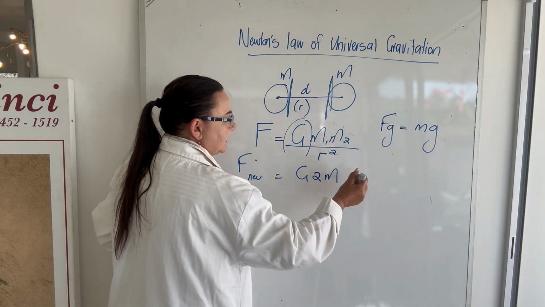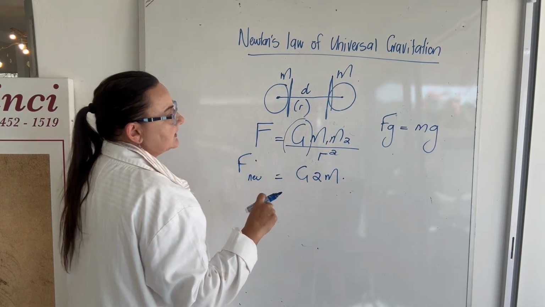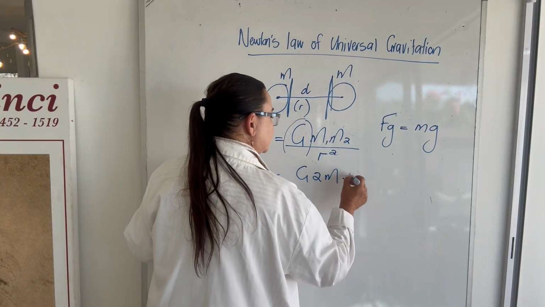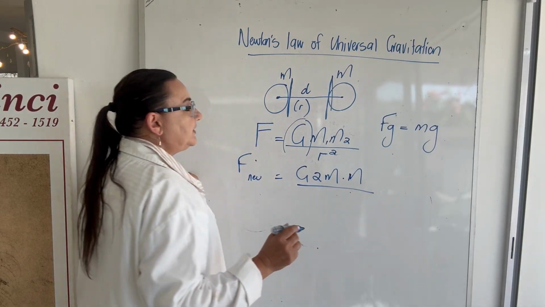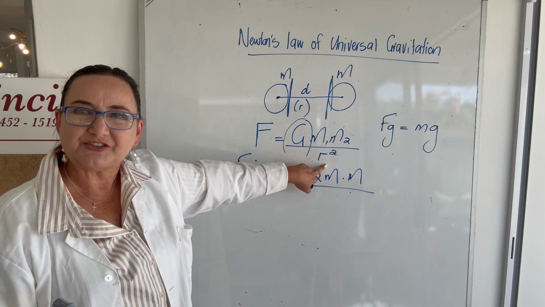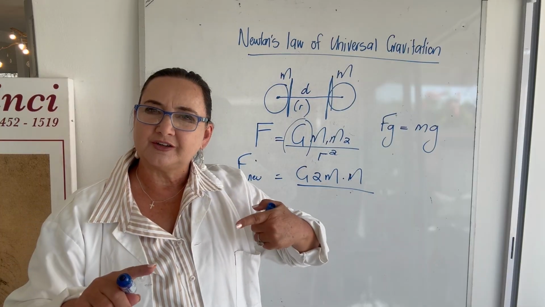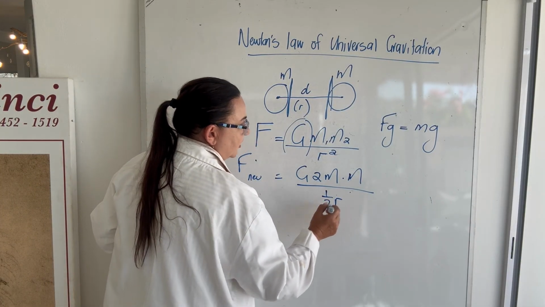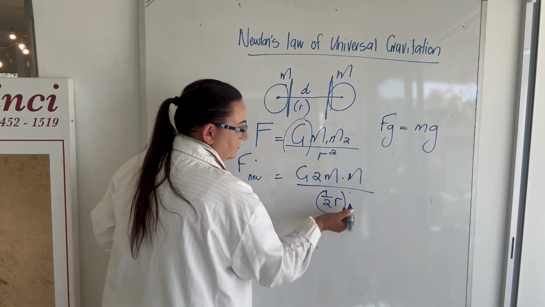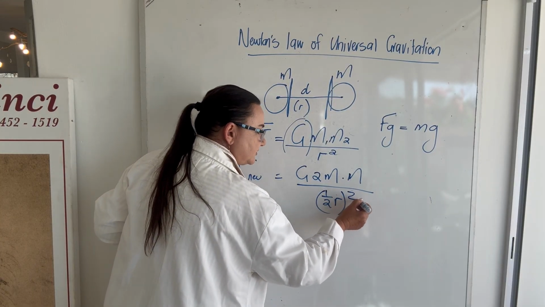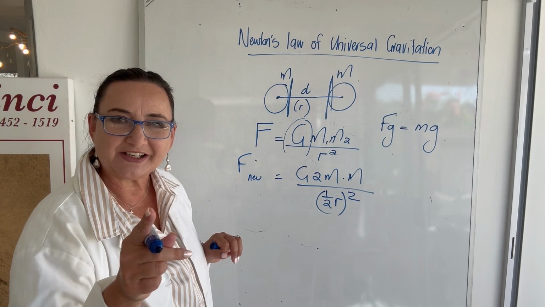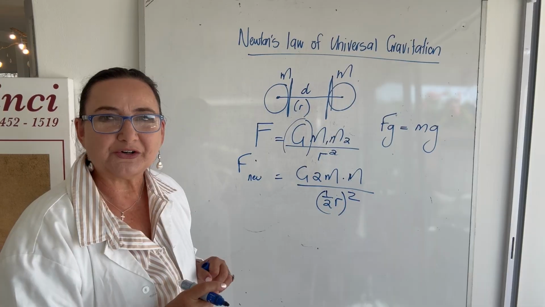The other mass stays the same. And the radius between the two objects is half, so I'm going to put in here a half r. Remember, put that in brackets and your square. Never forget your square. Never forget your square. That's where you're going to lose your marks.